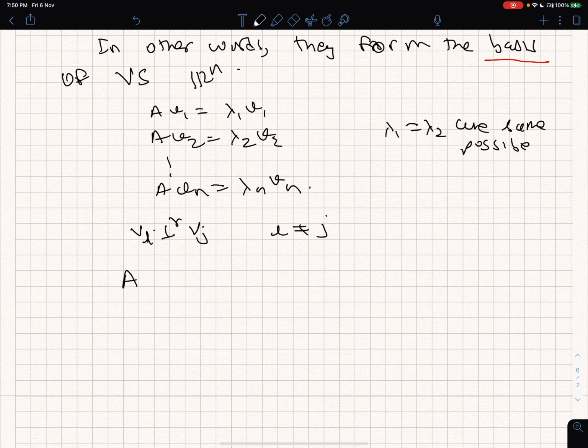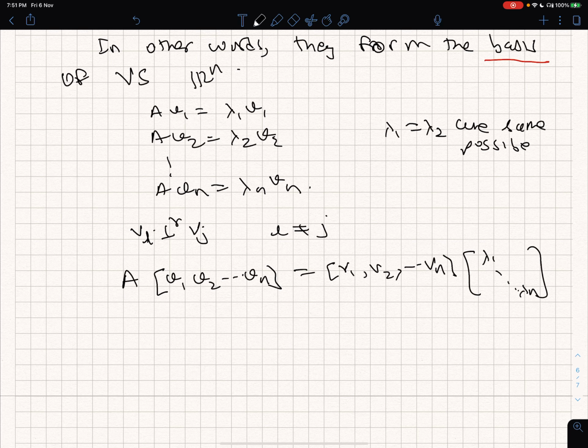And when I put it in matrix form, what I mean to say is that this can be written as A times the matrix [v1 v2 ... vn] equals [v1 v2 ... vn] times the diagonal matrix of lambda 1 up to lambda n.